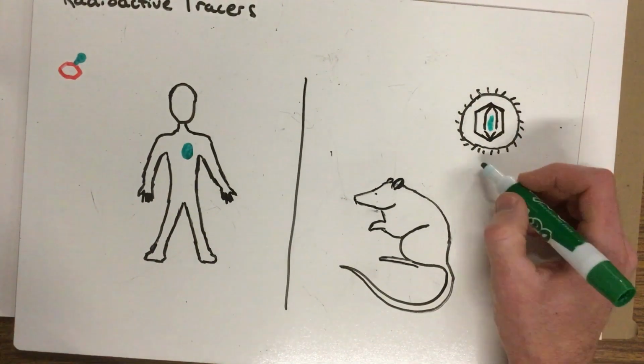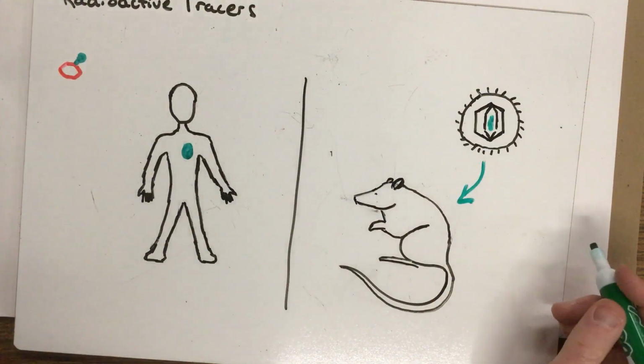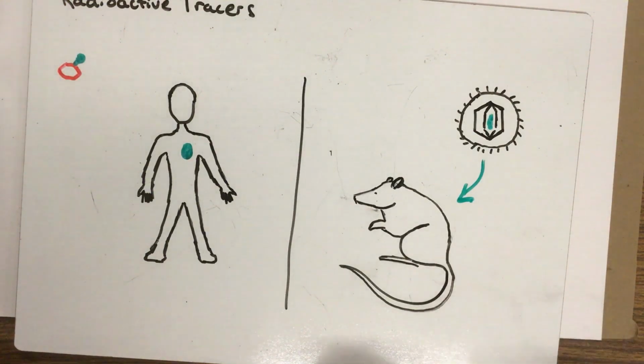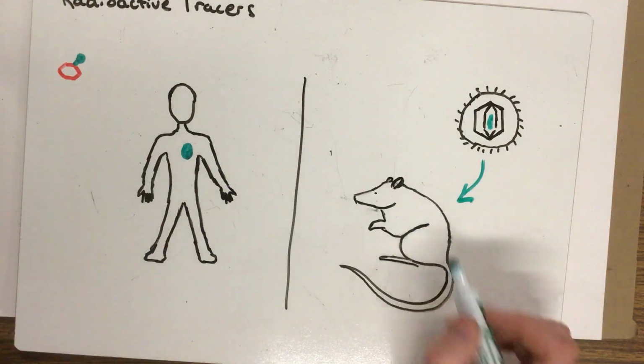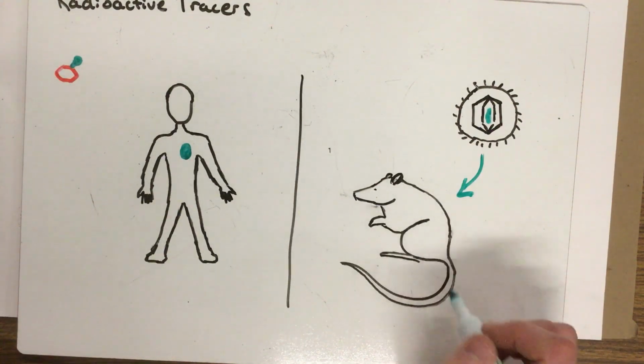So when that virus is allowed to infect this mouse over here, we can say which tissues are being most affected by that. And we just put that mouse, just like I said before, in that special machine, and we'll be able to see where it is glowing.